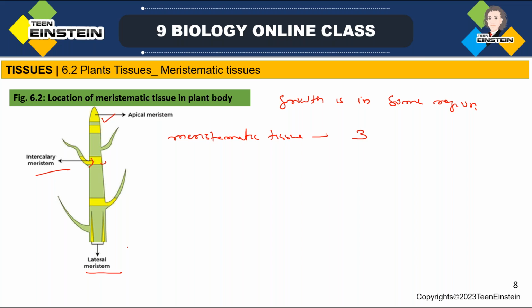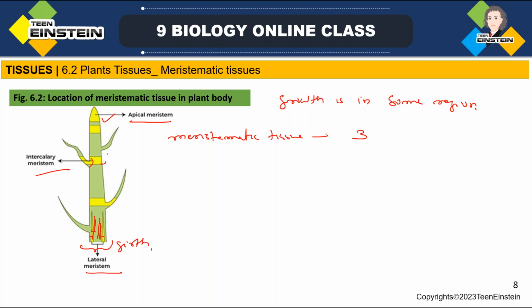Apical meristem is present at the growing tips of stem and root, and that helps to increase the length. Which one? Apical meristem, right? Then lateral meristem: you can see it on the sides, and when it is dividing, cells get added to the sides, so that increases the girth of stem and root.